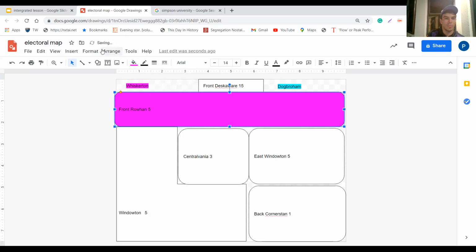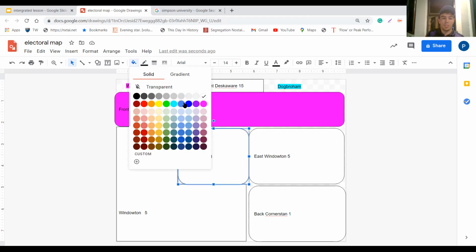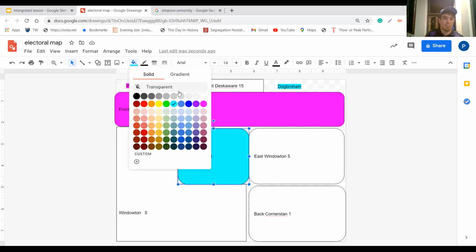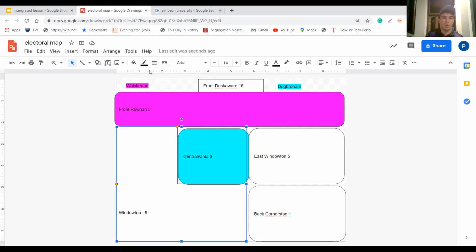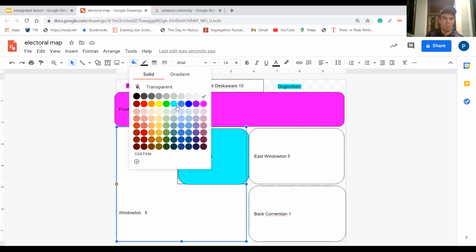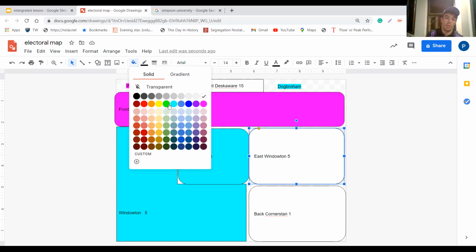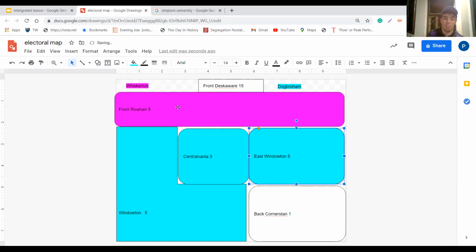Wow, okay. Now the Centralvanians, it appears, went for Dog Broham. And looks like Windowton's ballot, they also went for Dog Broham. And wow, East Windowton, Dog Broham again.